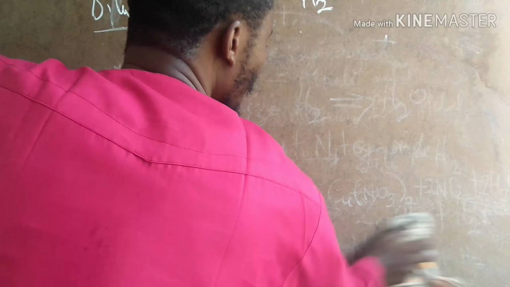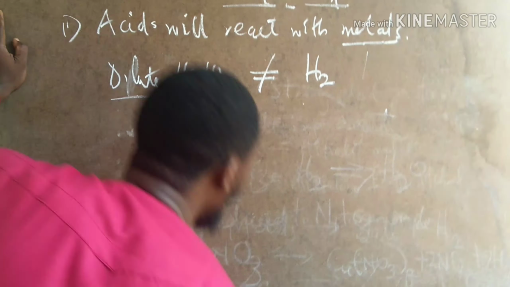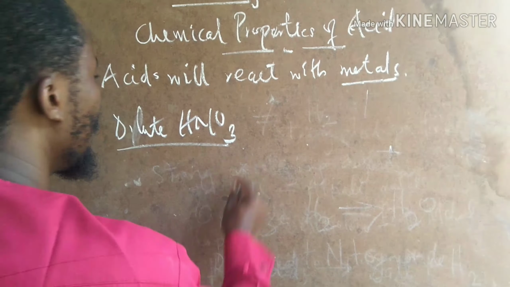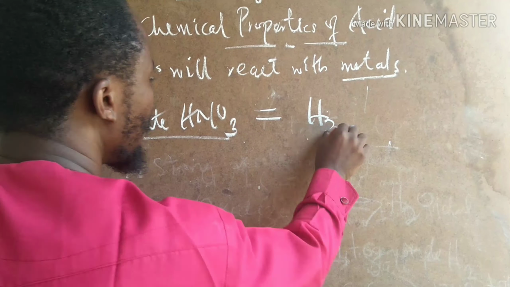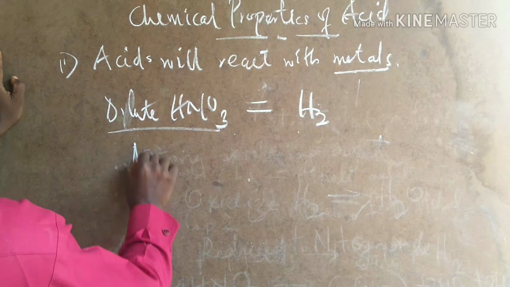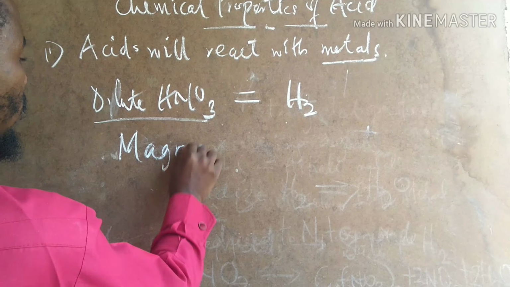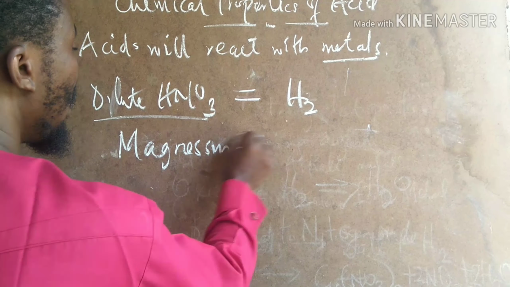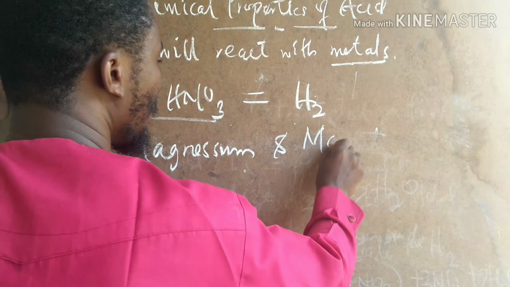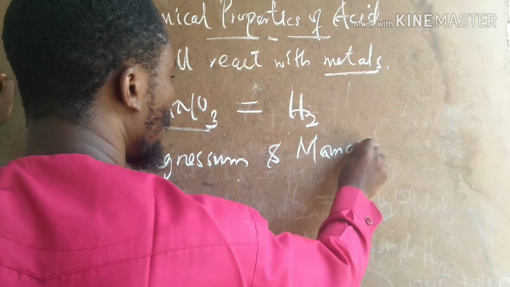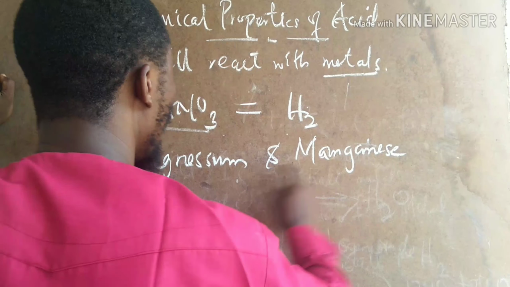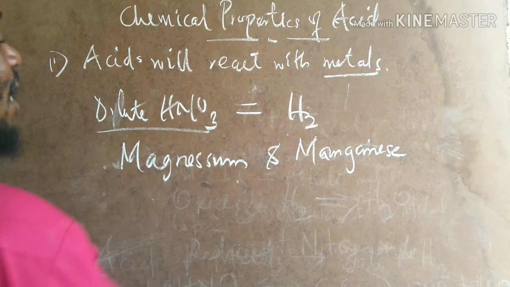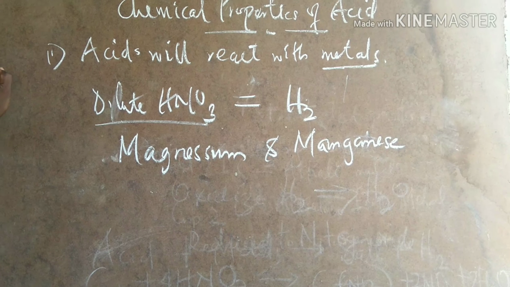So we've seen that. So let us now look at this that will now produce hydrogen gas. So magnesium and manganese. Magnesium and manganese will liberate hydrogen gas when it reacts with HNO3.